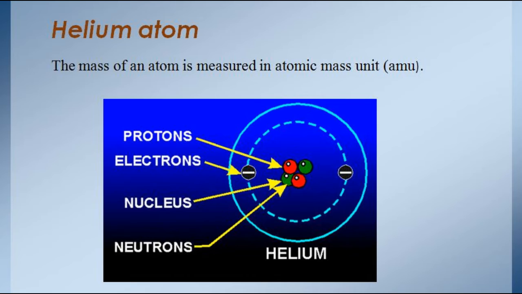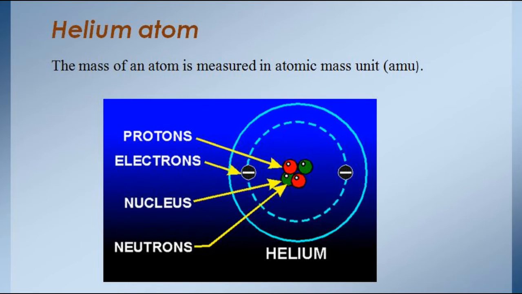The electron's charge is negative, and electrons are present in the orbits, while in the nucleus protons and neutrons are present: 2 protons and 2 neutrons. We have to add these 2 protons and 2 neutrons: 2 protons plus 2 neutrons equal 4. So its mass number is 4. We have to calculate the mass number in this way.